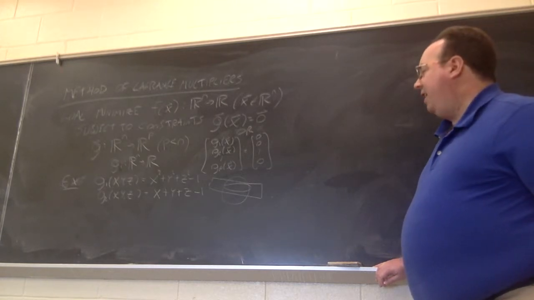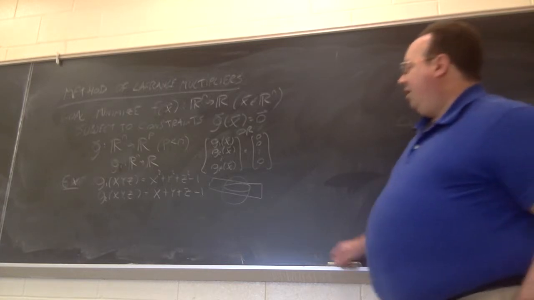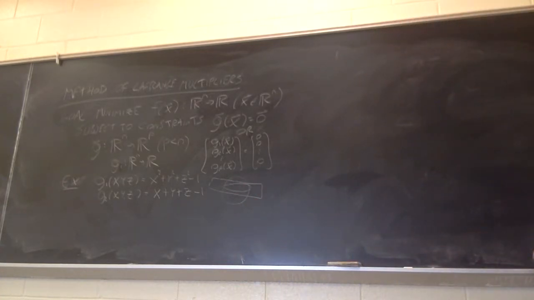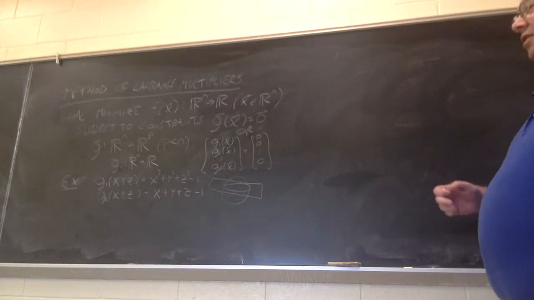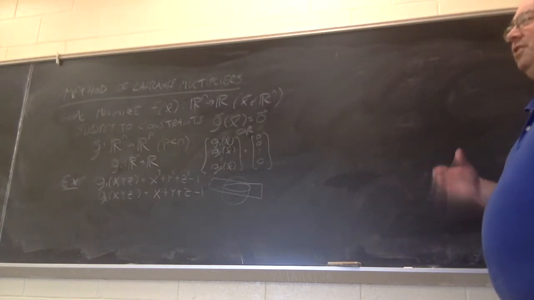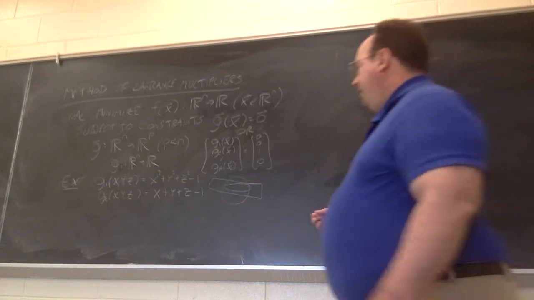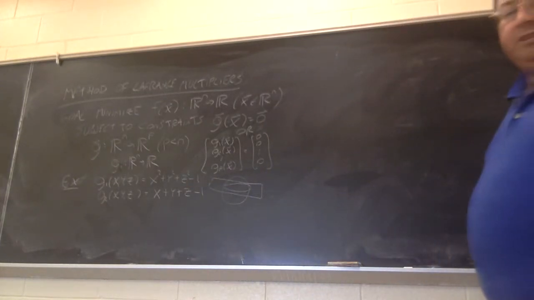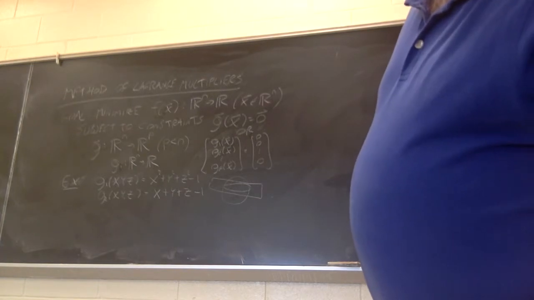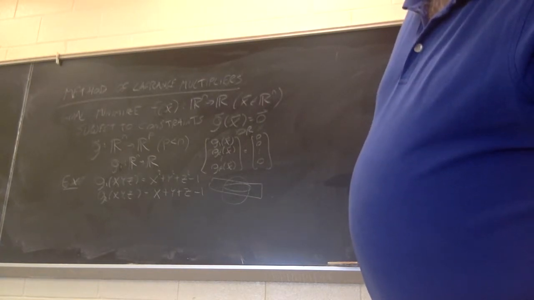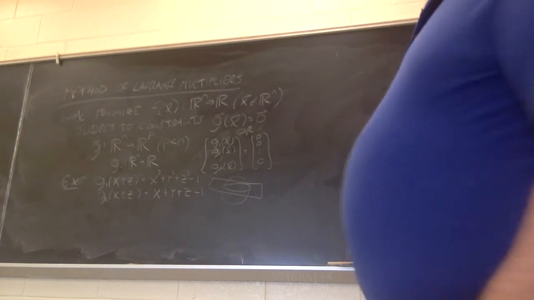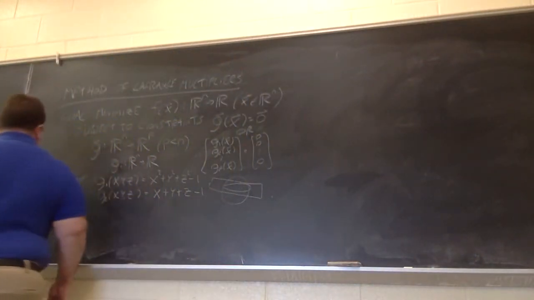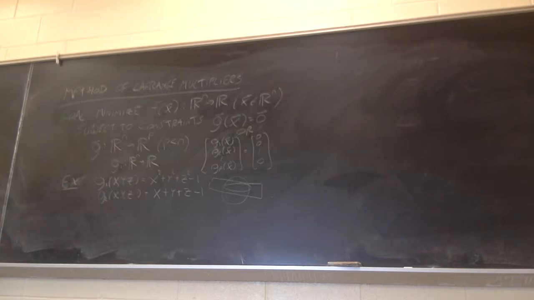What if we try to find the point on this ring that is closest to the origin? Then f would just be the square root of x squared plus y squared plus z squared, the Euclidean length, and these constraints must both be equal to 0. So that's an example of this kind of constrained minimization problem. Since we can't just set the gradient of f equal to 0 and solve it, what do we do?